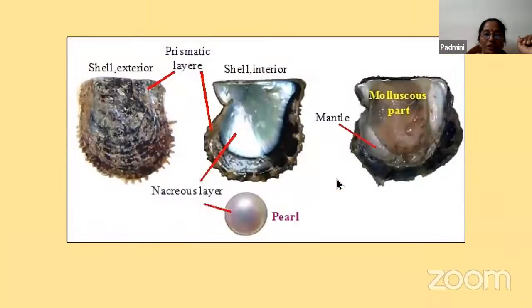Okay, so how is this being done over here? This is the exterior shell of that margarita. Can you see those sharp edges of this? So you can take it as a margarita over there. And then this is the prismatic layer that is formed over there. That's the prismatic layer, the shell interior. And this is the nacreous layer.